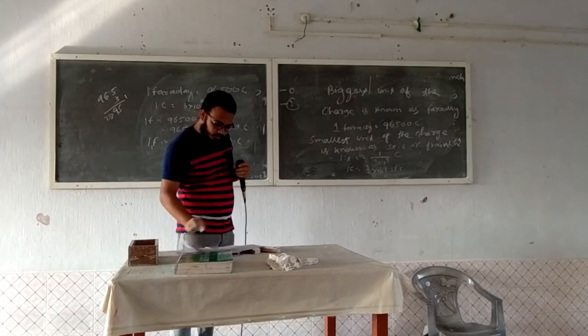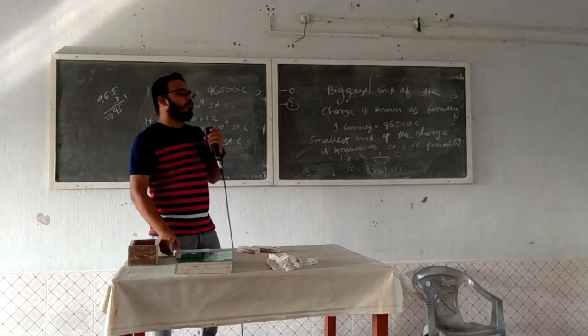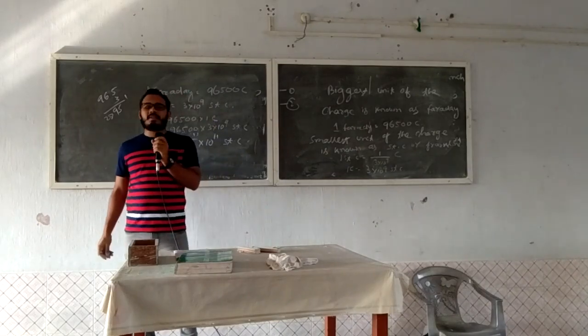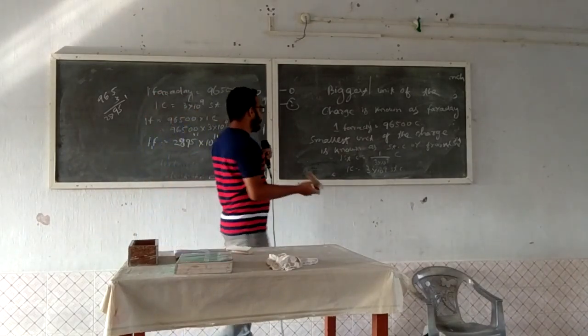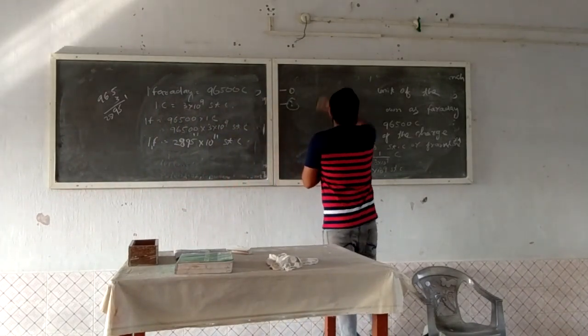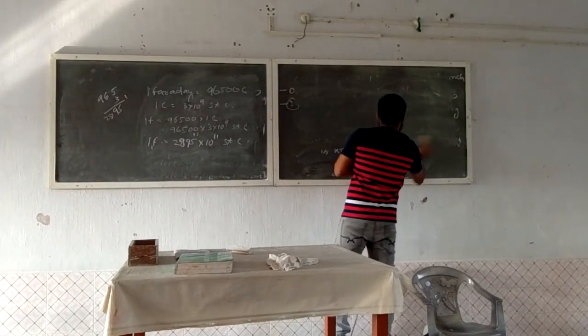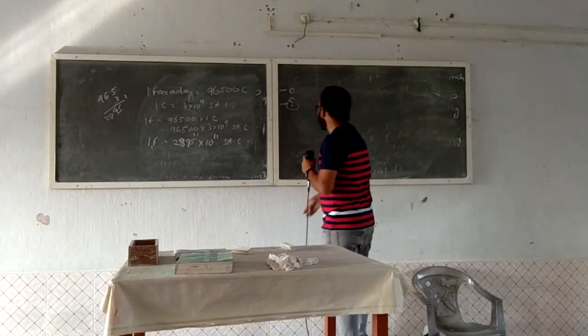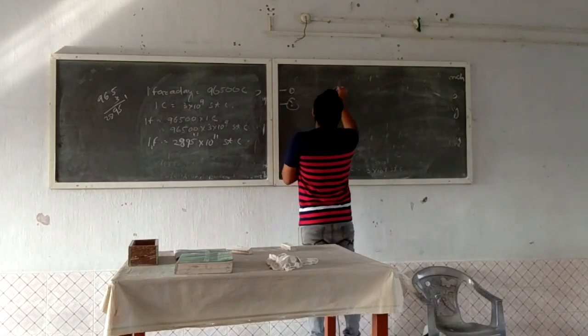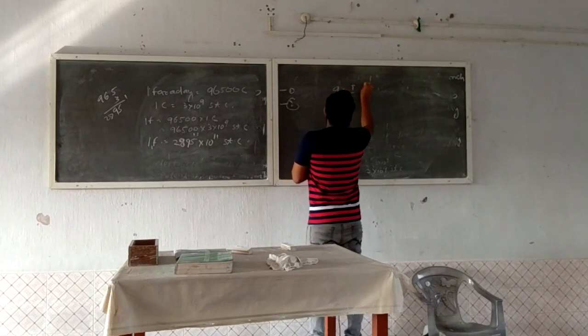Then what is the definition of 1 coulomb? From the equation at first, we wrote an equation that is Q equal to IT. Yes or no?